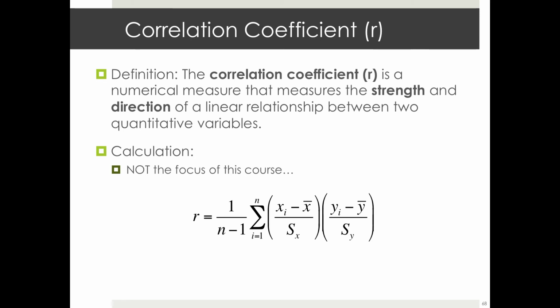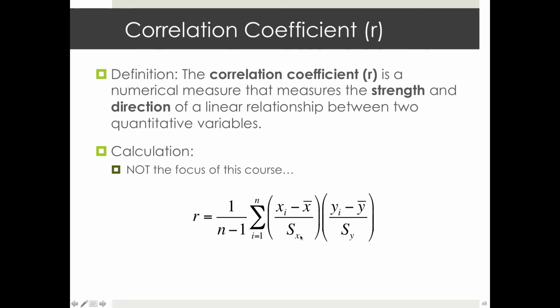Now, there are some pretty complicated ways that we use to calculate this value. You can see here's the formula for R, and it's quite complex. We have n here for sample size. We have values for x bar, the mean, individual values of x, and then we've got this capital S, which we haven't really talked about.